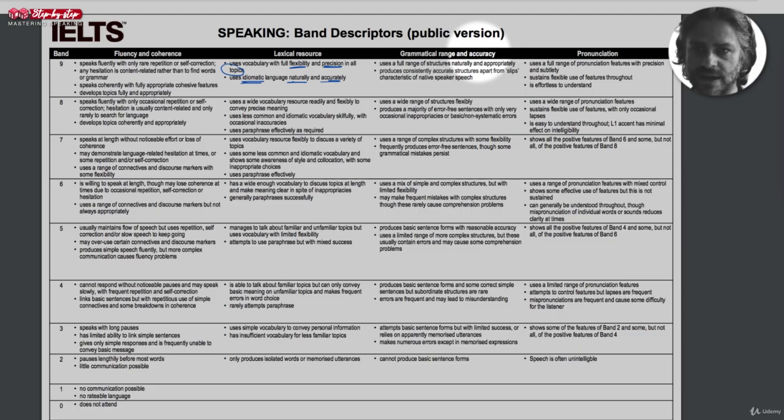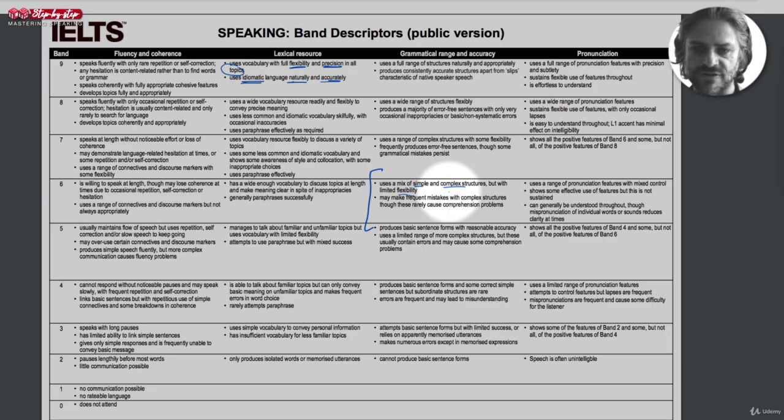Let's move on to grammatical accuracy and range. So looking at number 6 first. It uses a mix of simple and complex structures, but with limited flexibility. Okay, so you're able to use simple grammar, of course, but also complex structures. And complex structures are embedded clauses within sentences, and we'll talk about that a lot more in the rest of this course here.